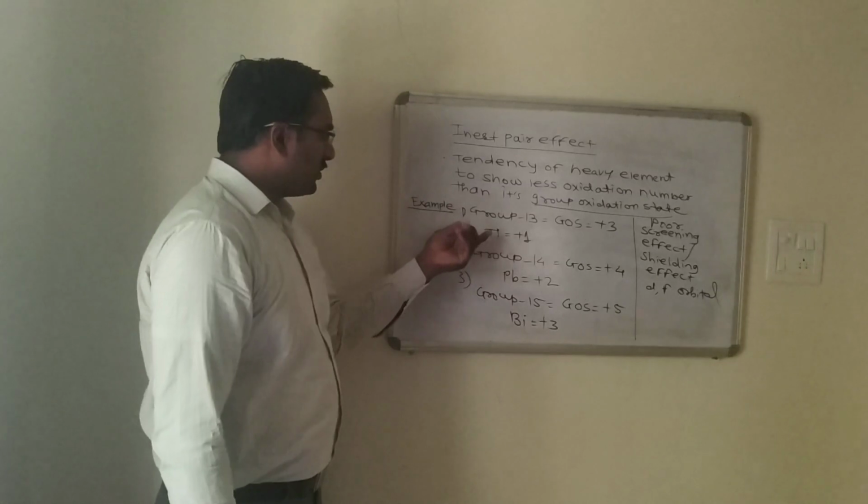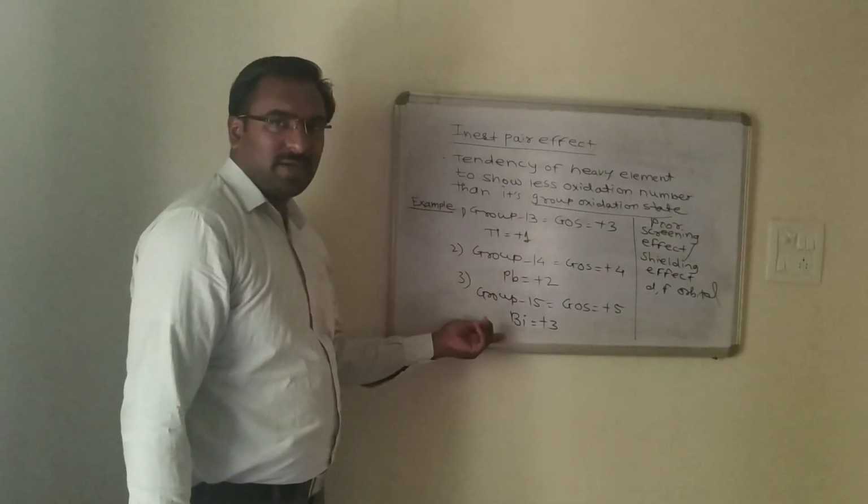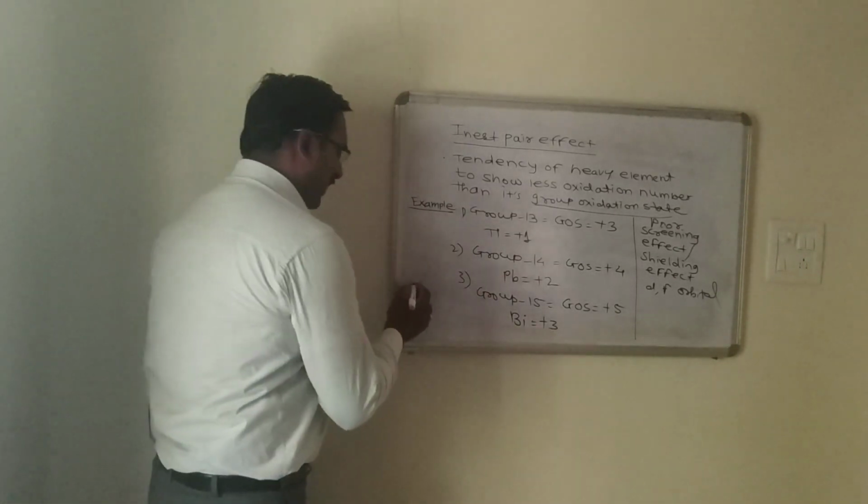We know that thallium, lead and bismuth are present in the 6th period.